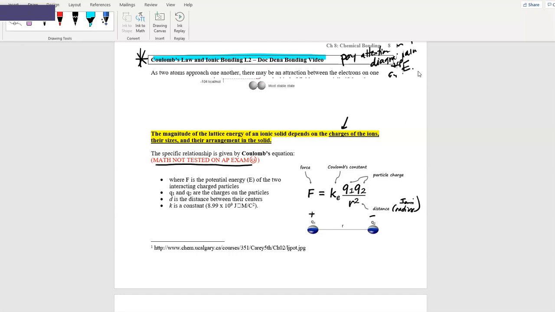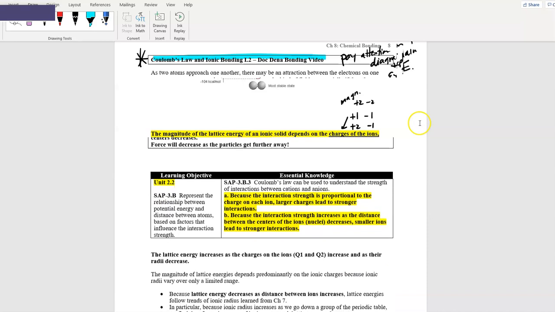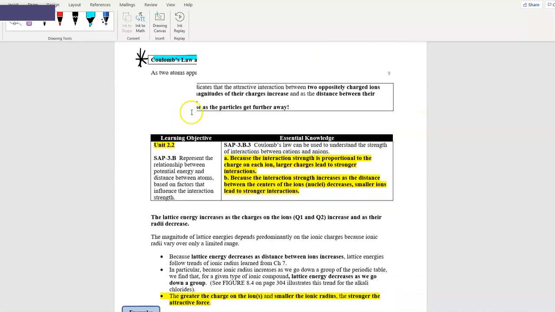You change the charges, +1, -1, +2, -1, +2, -2. That's what we call the magnitude of the charges. And if you change the sizes, okay, we already know how to change the sizes, and the arrangement, okay, that crystal lattice arrangement. So you're going to watch that video, and it's going to help you, because this is the learning target, ladies and gentlemen.